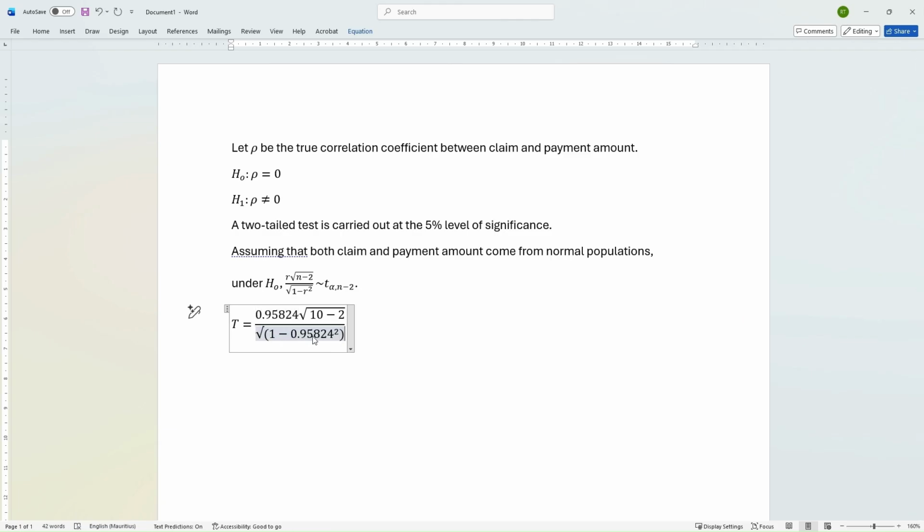And then what you need to do is say it is equal to, and then you will get the value that you are looking for.